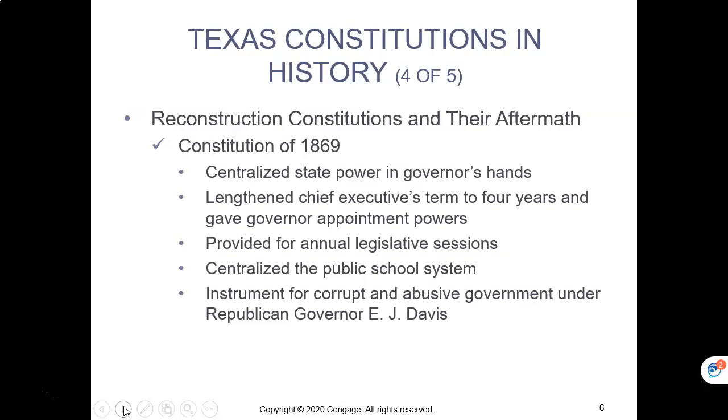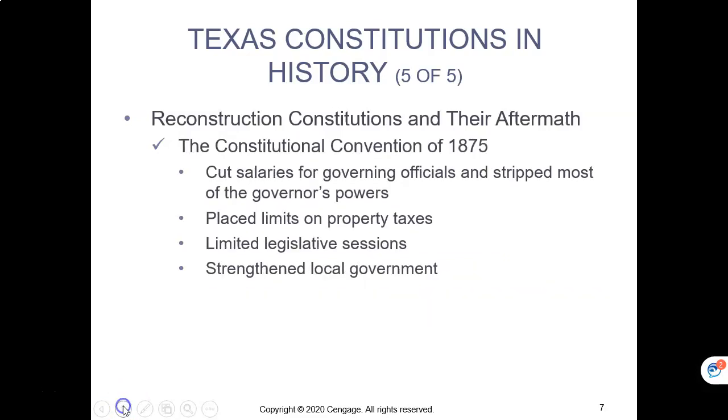And so you have humiliated, angry men that have suddenly been given positions of power, and one of the first things that they're going to do is make sure that E.J. Davis gets voted out.